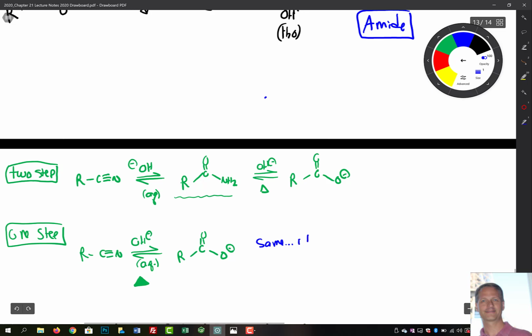Okay, so same idea, not exactly the same, but the same idea is having the nitrile with H3O plus in heat. So with H3O plus in heat, that's going to give you your carboxylic acid there. So kind of two different ways that you'll see this given to you as far as solving problems. And again, it depends on textbooks, but following our textbook, which is Wade, this is kind of like the idea there.